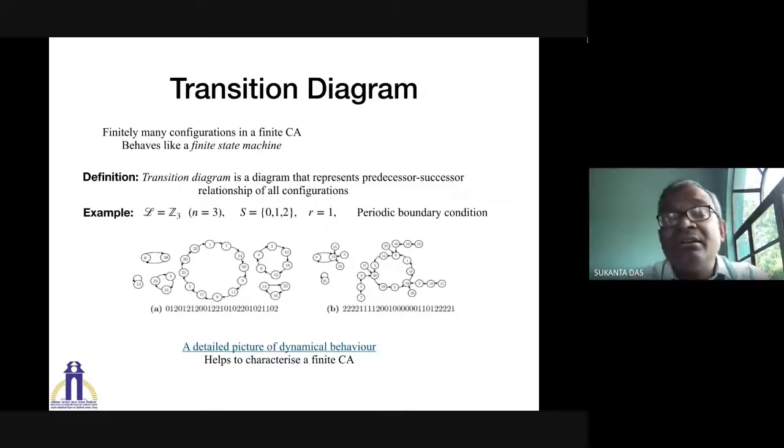We shall see when we especially discuss cellular automata as technology, and then we shall use this diagram to understand the dynamical behavior of a cellular automaton.